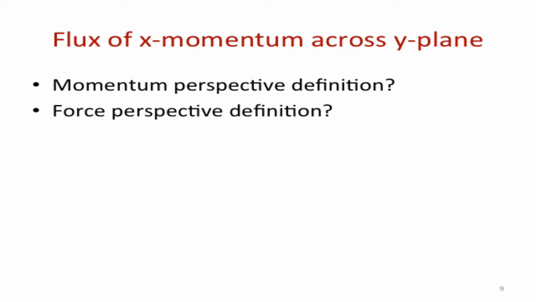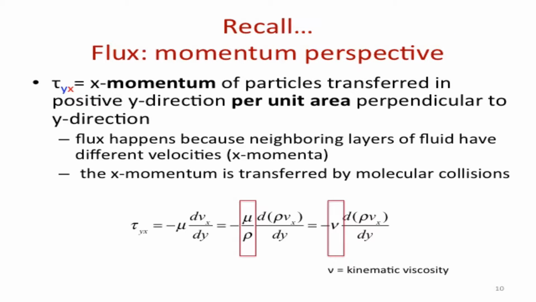Okay. So basically, I'm going to have x momentum of particles. They're colliding with each other. And if I actually have a larger velocity on the bottom, and so I have a gradient in the y direction of these velocities, then due to the molecular collisions, I'm going to see the transfer of actual momentum across that y plane.